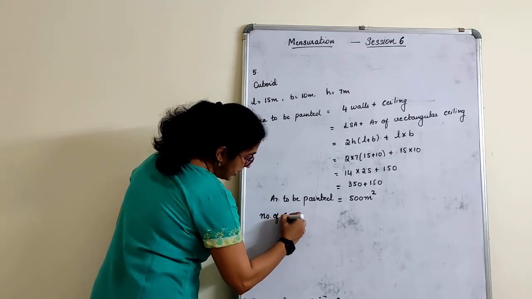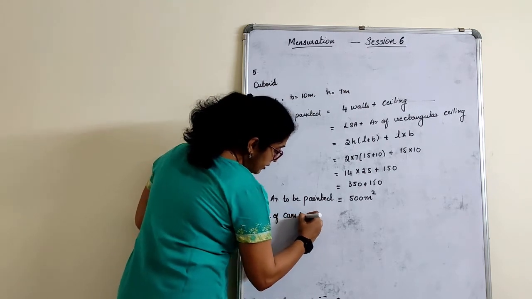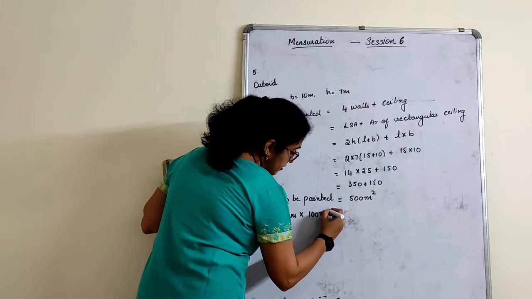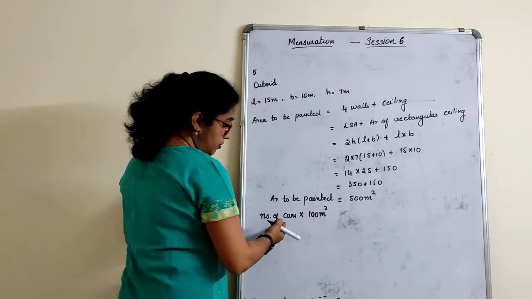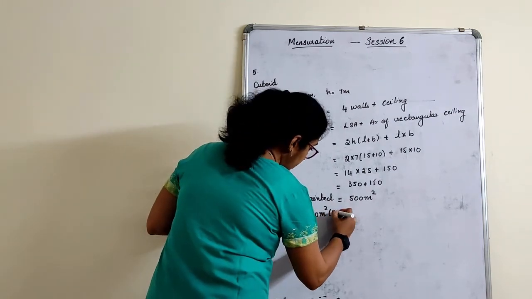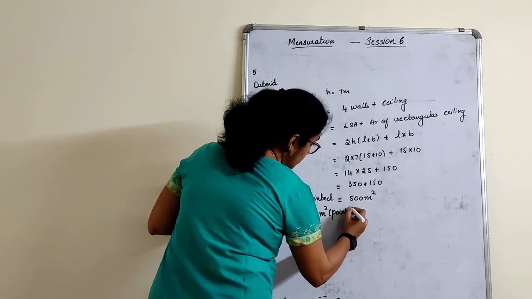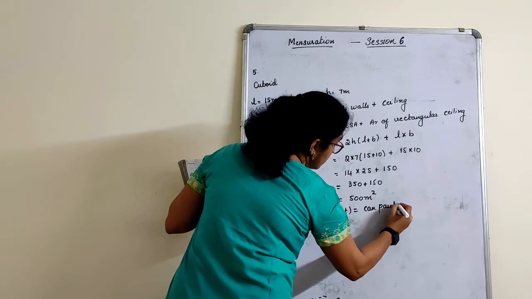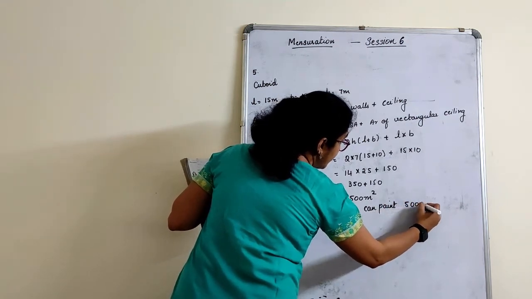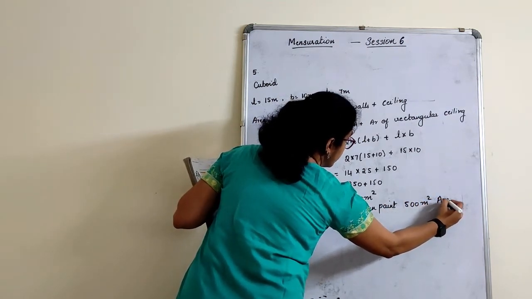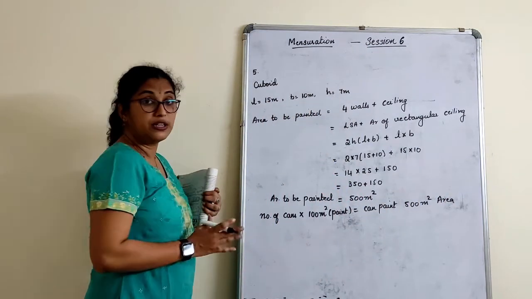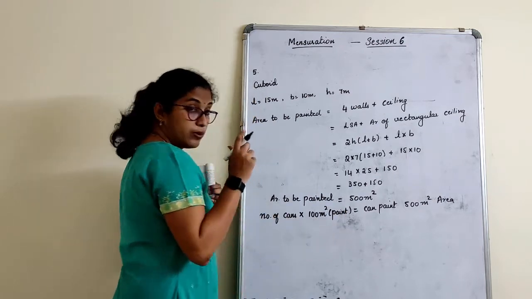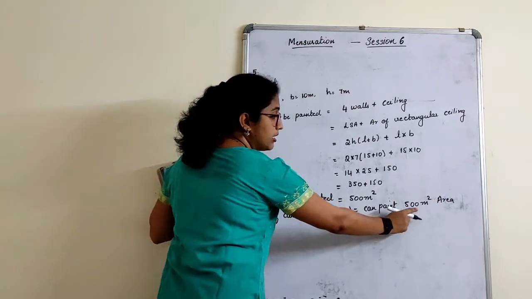Number of cans into 100 meters square of paint can paint 500 meters square area. This is the actual fact of the given sum. Number of cans into 100 meters square of paint can paint actually this much.